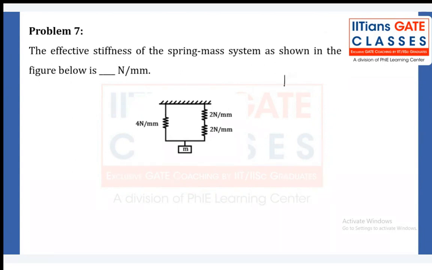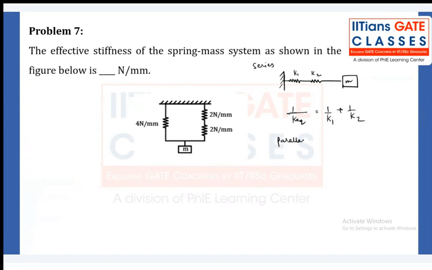Now, you also know that whenever the springs are connected in series combinations, like this, for example, whenever the spring and mass are connected like this, then what is the K equivalent? We write it like this: 1 upon K equivalent will be 1 upon K1 plus 1 upon K2. That is the series combination.